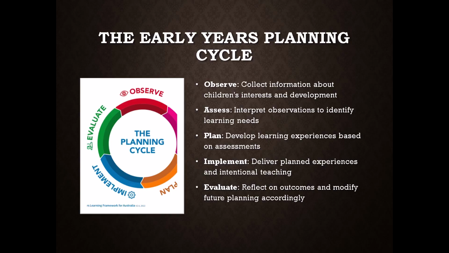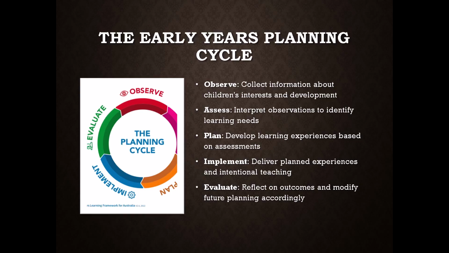The early years learning cycle consists of five interconnected stages: observe, assess, plan, implement, and evaluate. We start by observing children in their natural play and interactions. These observations are then assessed: what do they reveal about the child's development and interests?